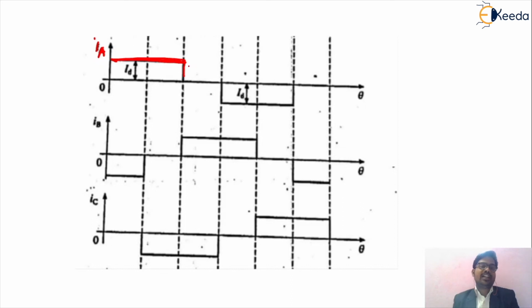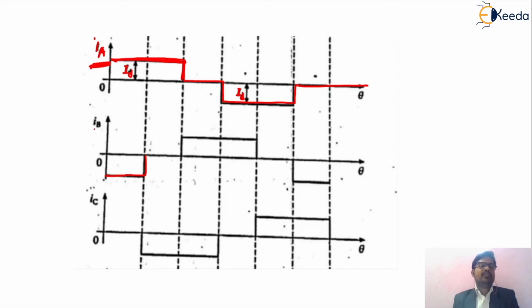When the value of IA is positive, the value of IB should be negative, and after some crossover point, it again gives you the value of the current flowing in that circuit. So this is the value of the current which we call IA, flowing in that particular armature winding.